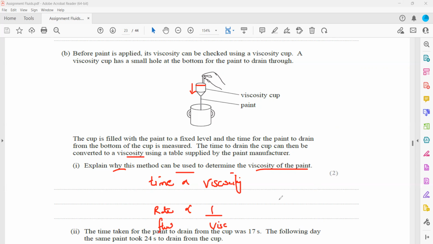If the material has a high viscosity, it will have a smaller rate of flow. So by recording the time for this cup to empty, we can determine the viscosity. If it empties quickly, the viscosity is low. If the time is short, its viscosity is low, and if it takes a longer time, the viscosity is high.